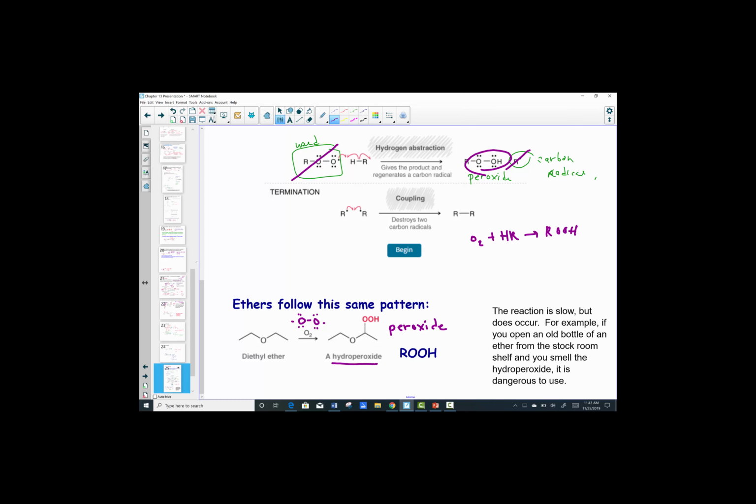Now, this reaction occurs spontaneously, but the kinetics are very slow. If you leave a jar of an ether open to the air, it will degrade to produce a peroxide. So it's a slow but spontaneous reaction.